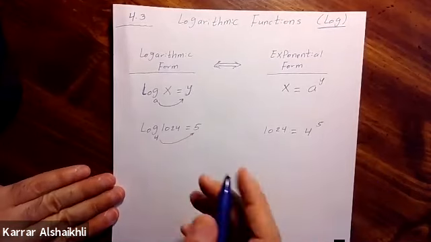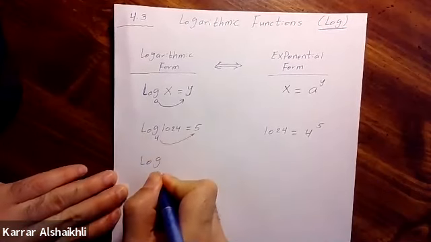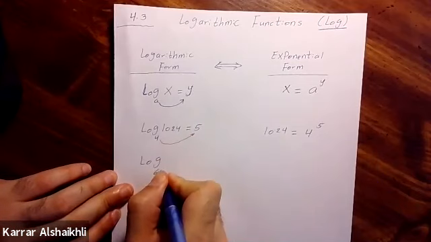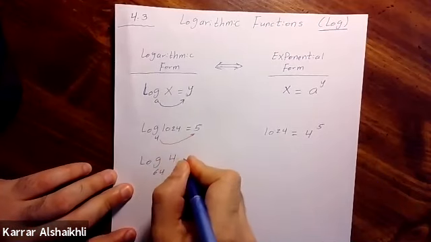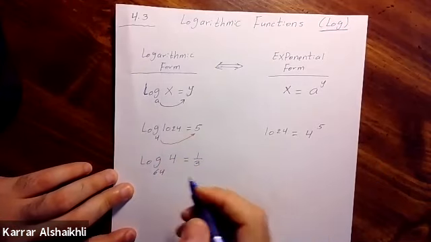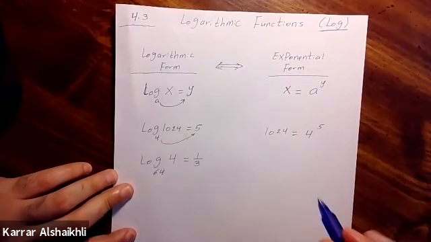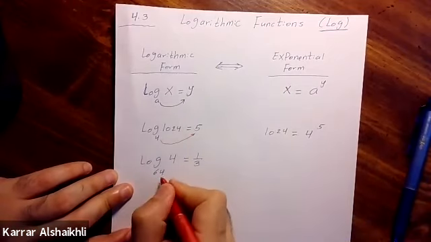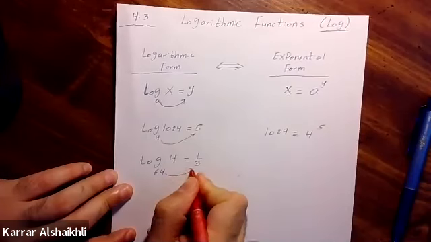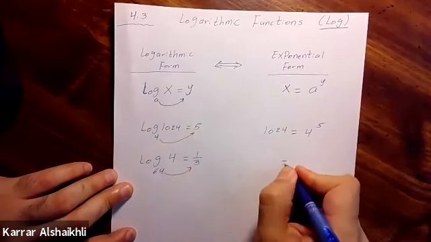Let's do another example. If you have log to the base 64 of the number 4 equals 1/3. This is the log form. If they ask you to write down the exponential form, we're just going to move the base from here to the other side. Here's the equal sign.